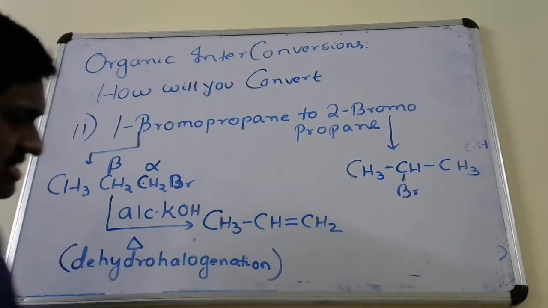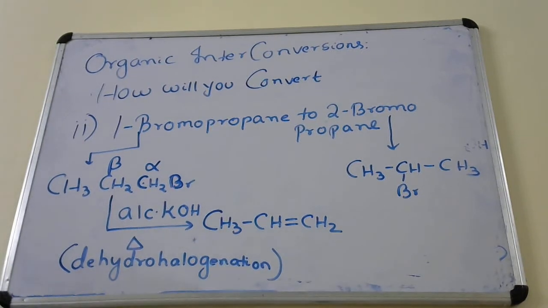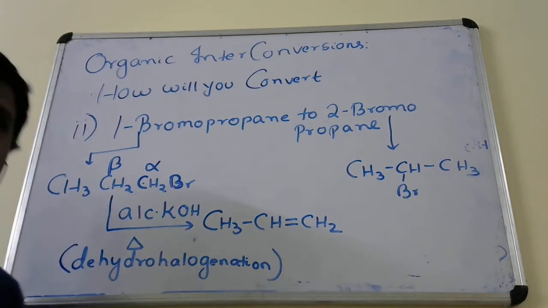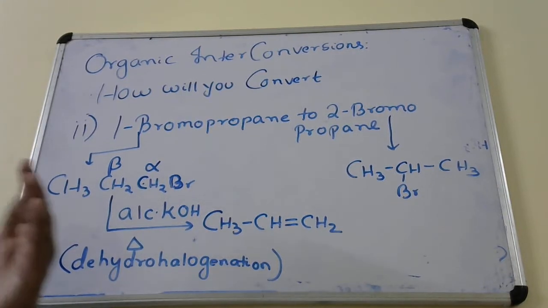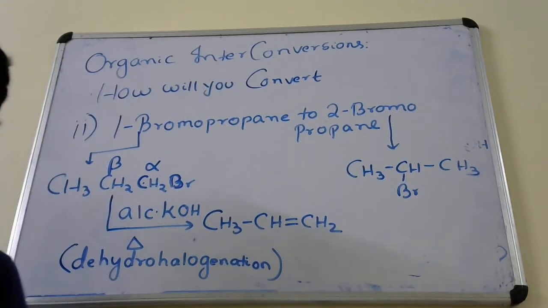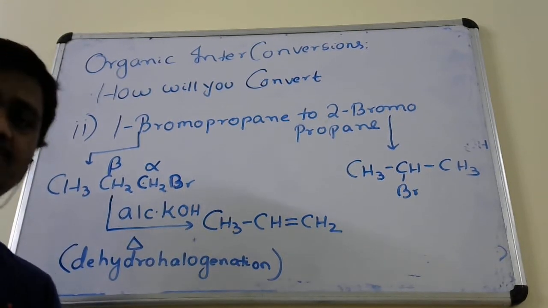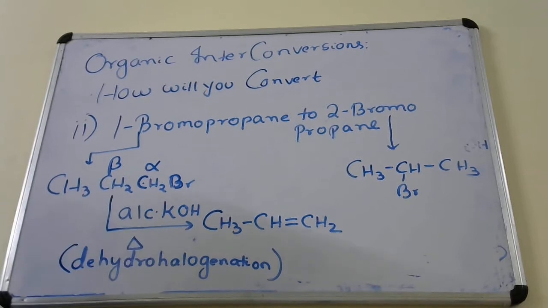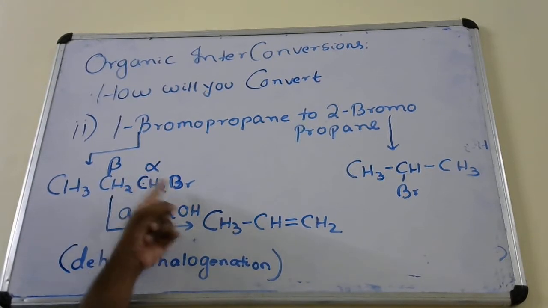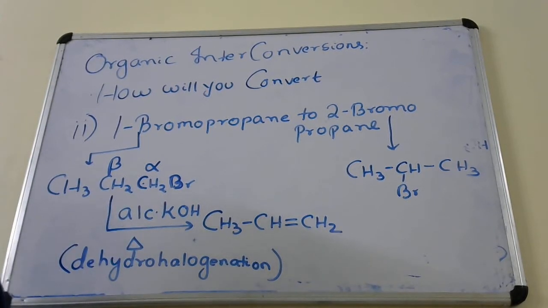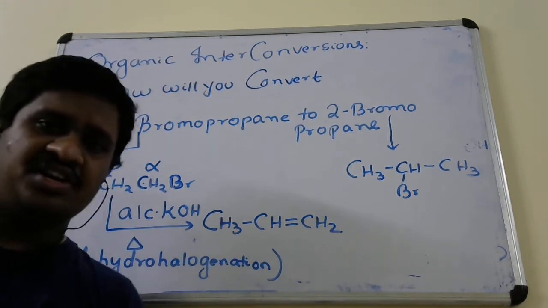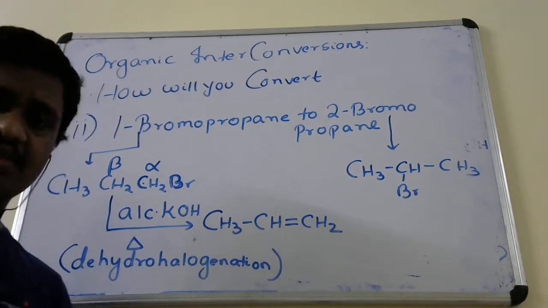Okay, that is what alcoholic KOH does. It converts a bromoalkane or haloalkane to a double bond. It will remove the hydrogen from beta carbon and halogen from alpha carbon, and a double bond will be introduced between alpha and beta carbon.